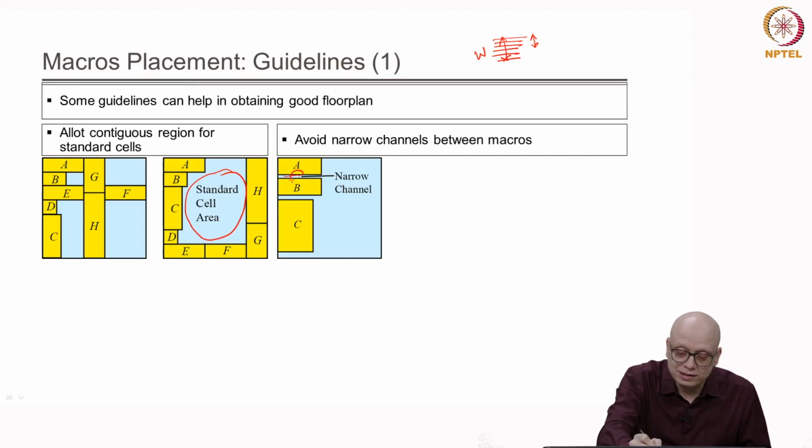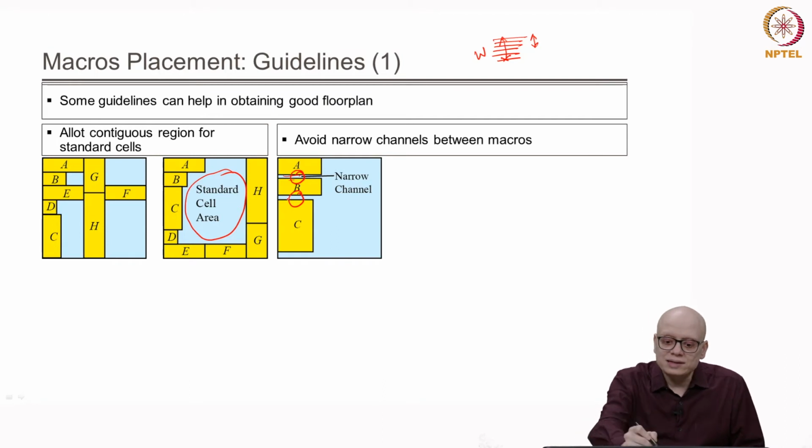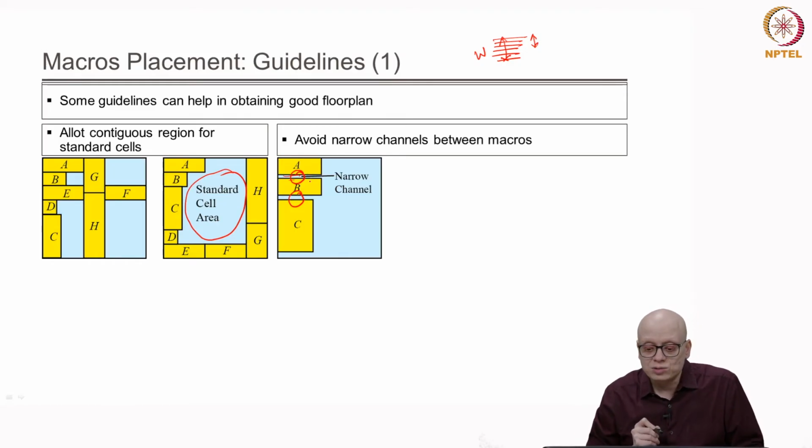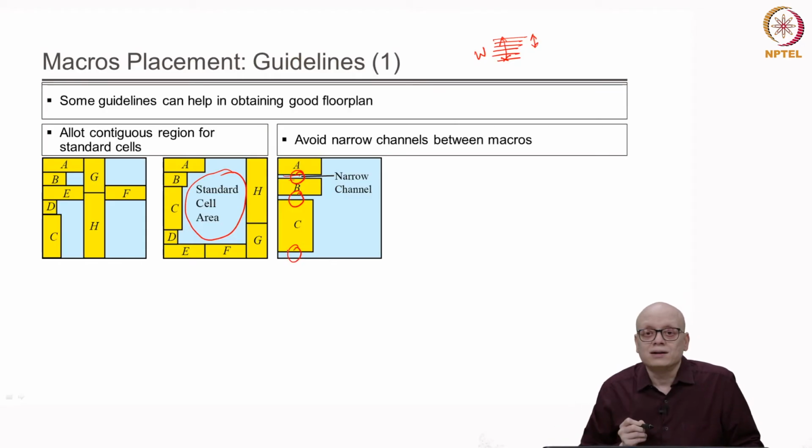Therefore, there will be a crunch of routing resources, and it is highly probable that there will be congestion in these narrow channel regions between macros or at the edge of the floor plan.